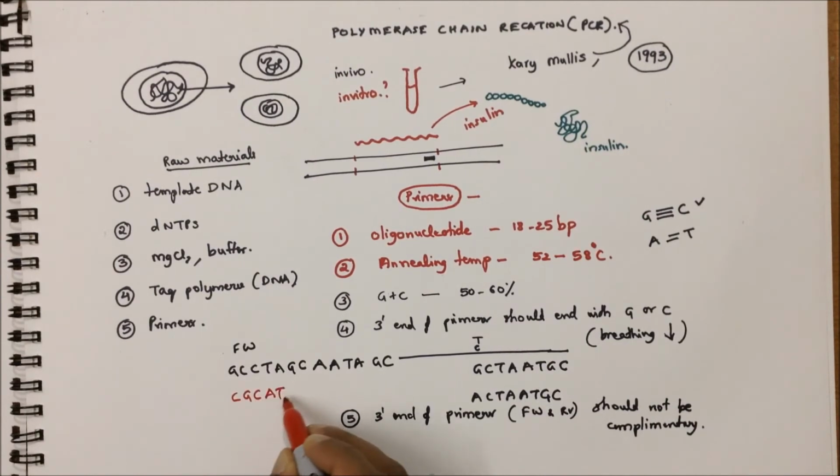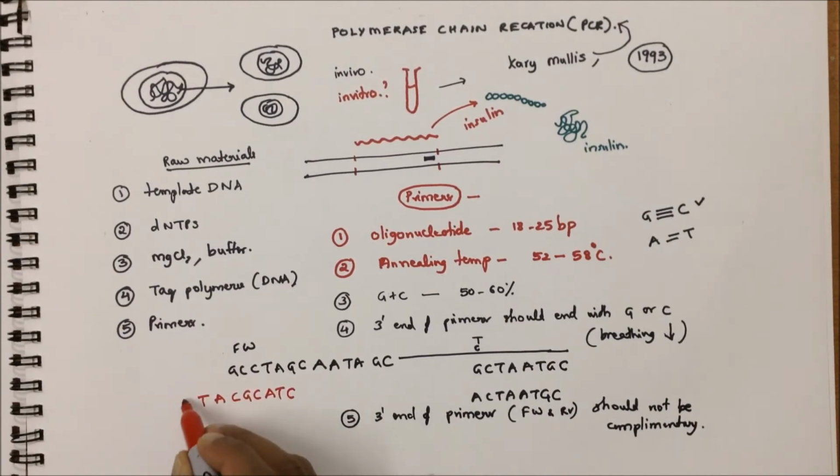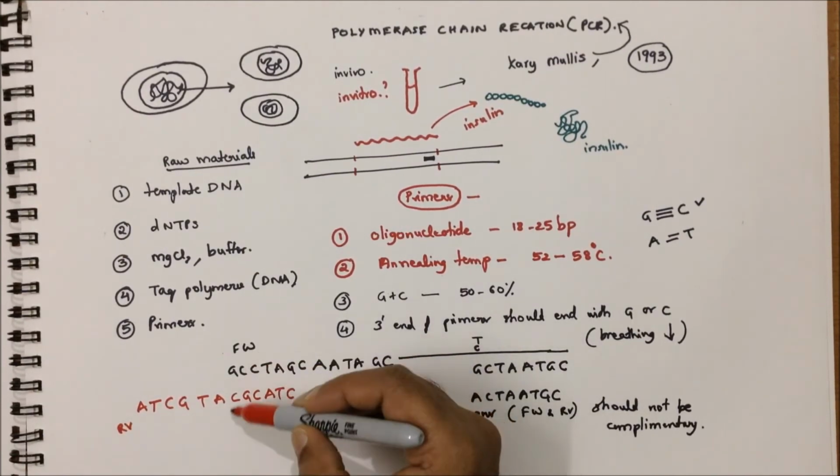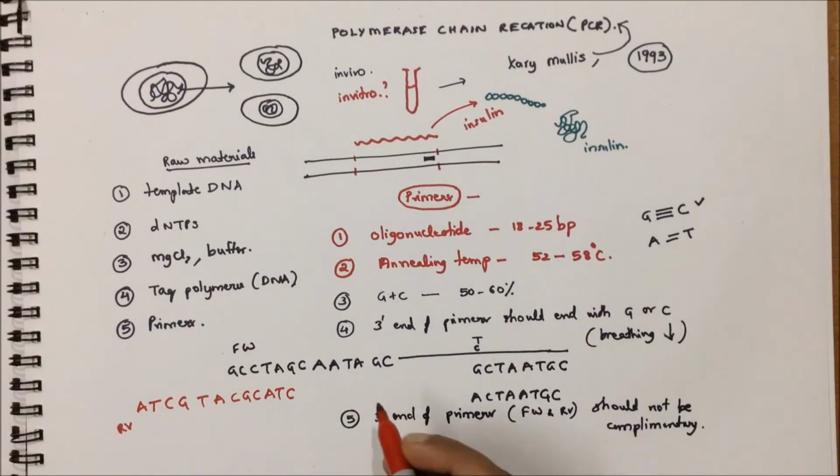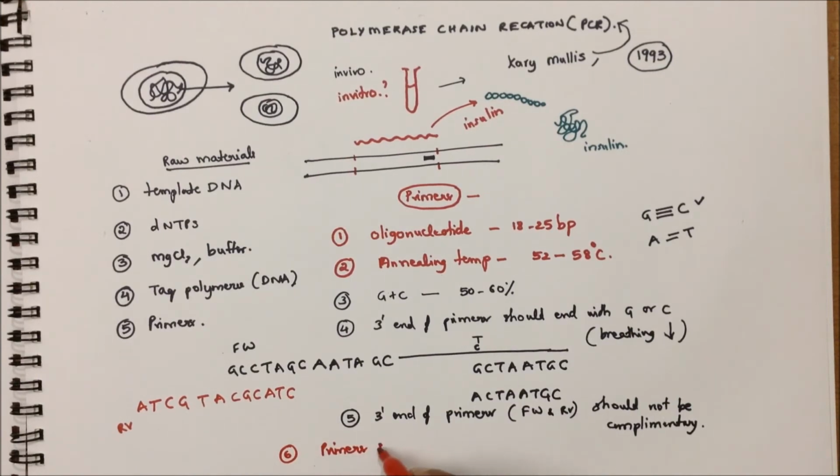And now this is a reverse primer, I'm designing in the opposite way. Just for example, I'm giving this. Now if you can see, both the 3' ends of these are complementary to each other. So rather than these primers going and annealing to the template strands, they themselves get annealed, and that stops my PCR reaction.